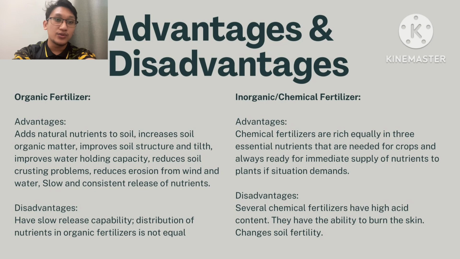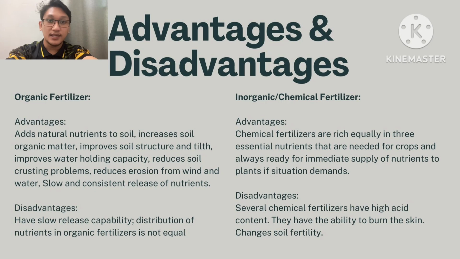Organic fertilizer reduces soil crusting problems. It reduces erosion from wind and water, and also organic fertilizer is slow and consistent in releasing its nutrients. The disadvantage of using organic fertilizer is that it has a very slow release capability and the distribution of the nutrients in the organic fertilizer is not equal.